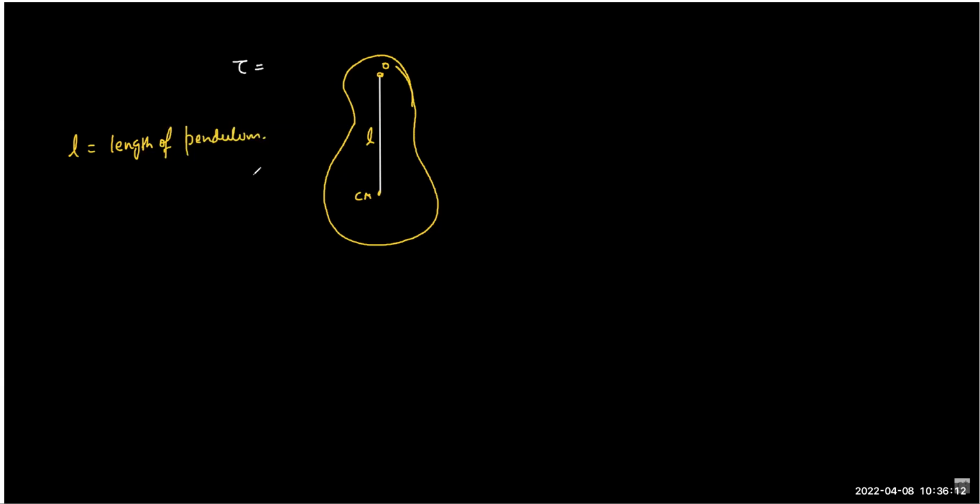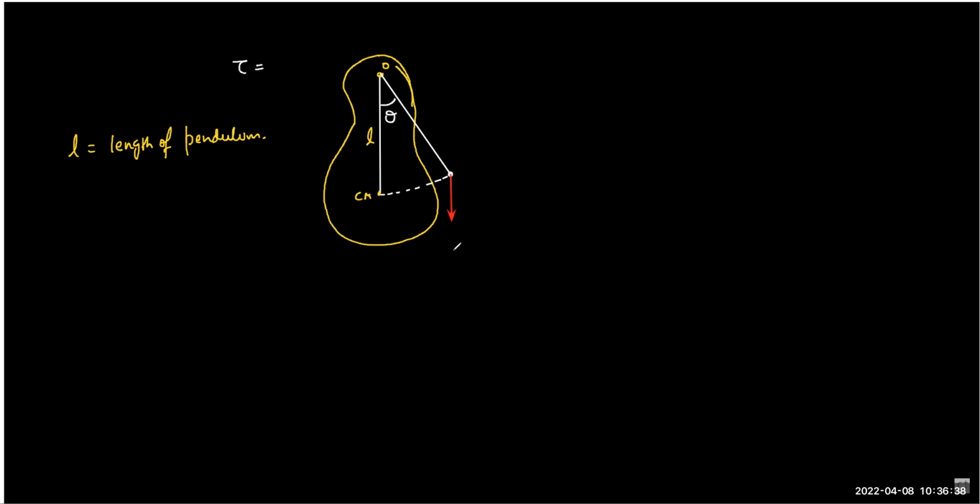And if you tilt it by some angle theta, we keep theta pretty small, but for the sake of illustration, we do like this. And why we keep it small?